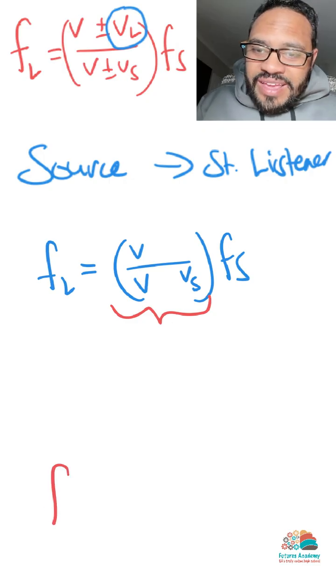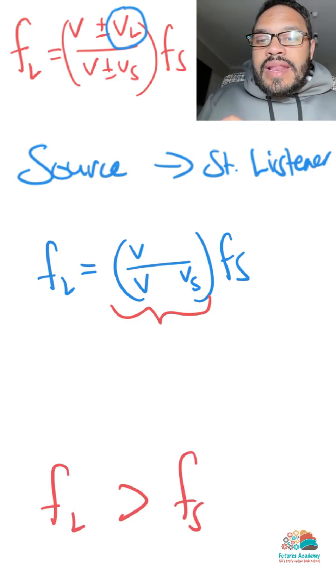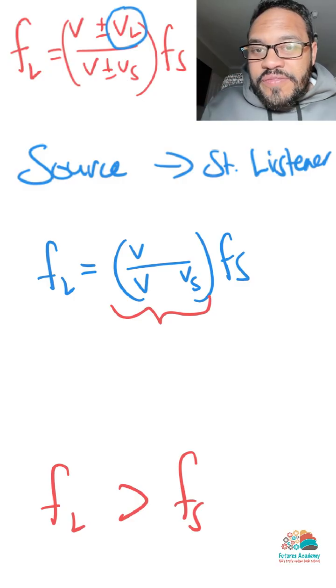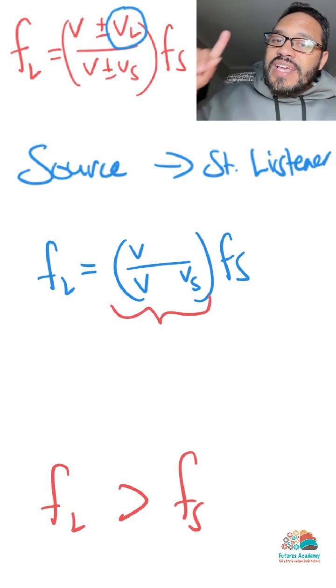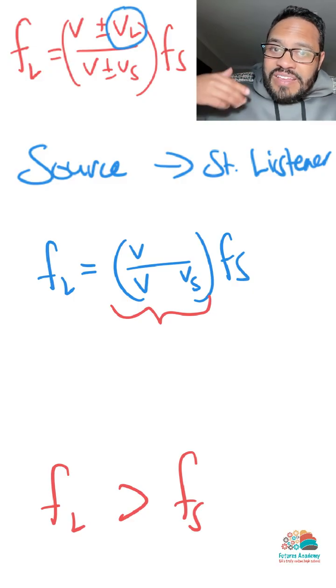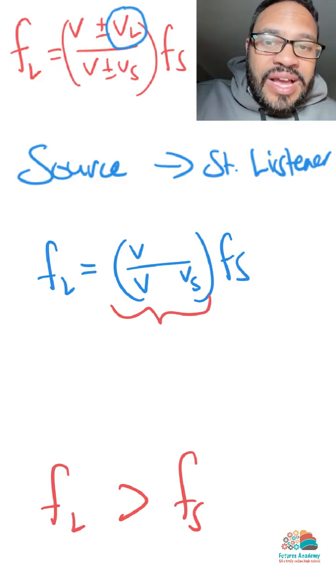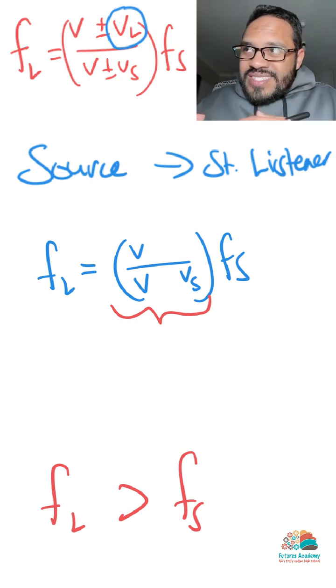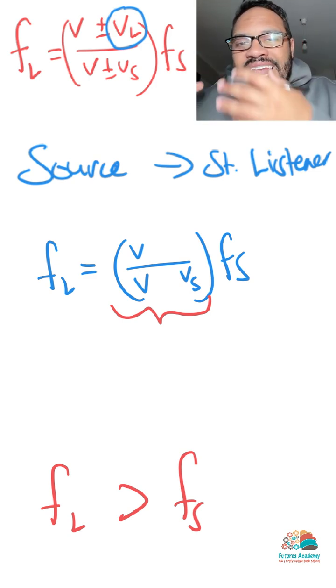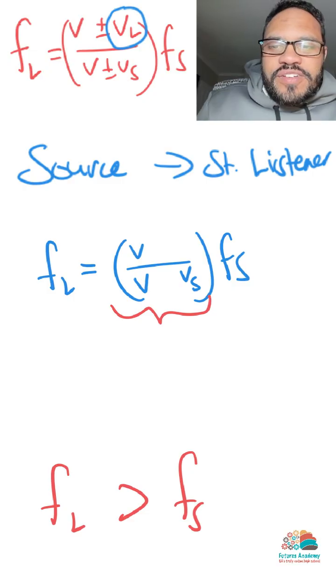So in other words, FL for this case must be greater than Fs. Now, think about that. The frequency of the source never changes. It's emitting at 400 hertz, but if the source starts to walk towards you, it's going to sound higher and higher. And when we say higher, we're saying higher than the frequency of the source.